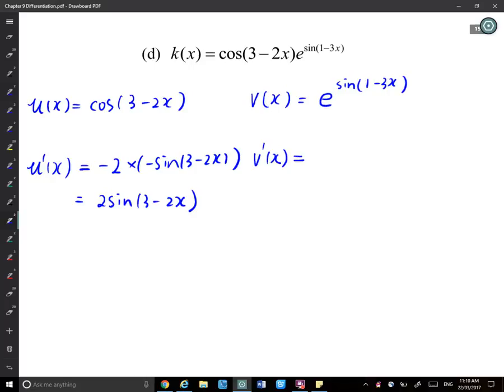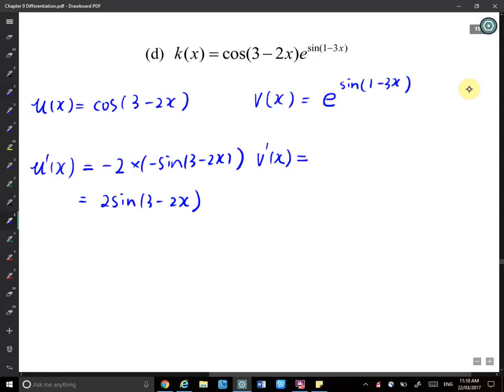So you differentiate it. Negative 3 cos(1 minus 3x), right? Sin will become cos. You want to differentiate the thing in the bracket first, which is negative 3, and sin will become cos, and you have 1 minus 3x.